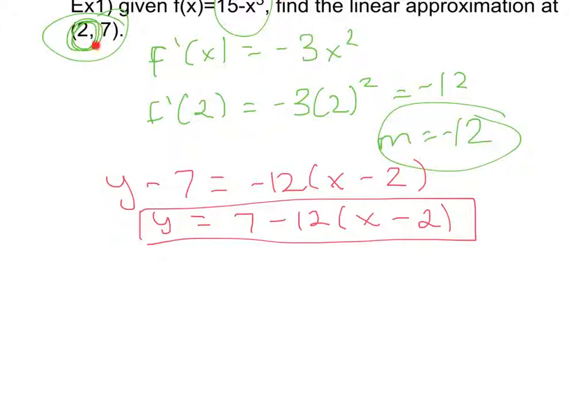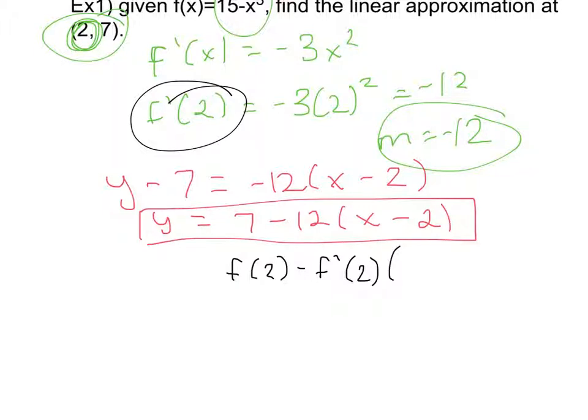When I plug in 2, I end up with 15 minus 8, which is 7, in my original function. So I can rewrite 7 as f of 2. The 12 is my slope, which I got from my derivative, so I can write that as minus f prime of 2, times x minus 2.